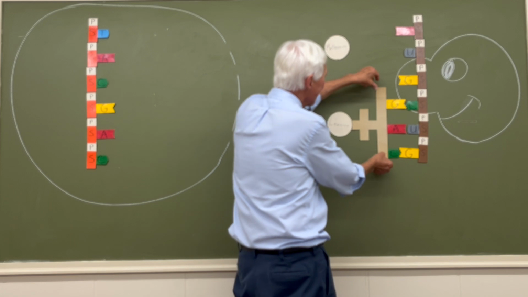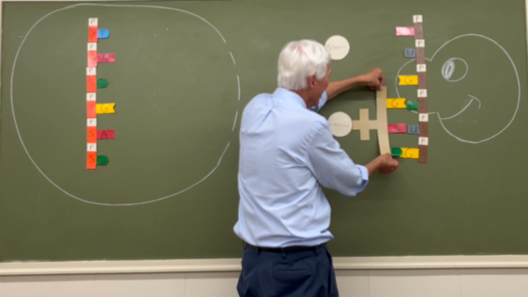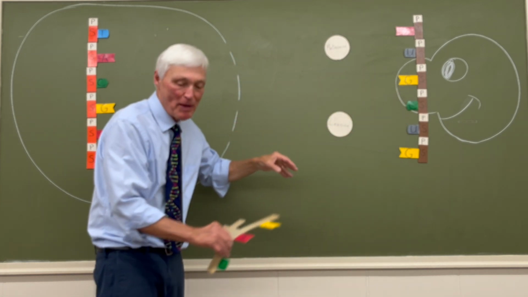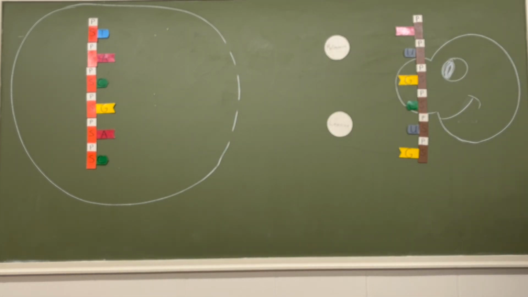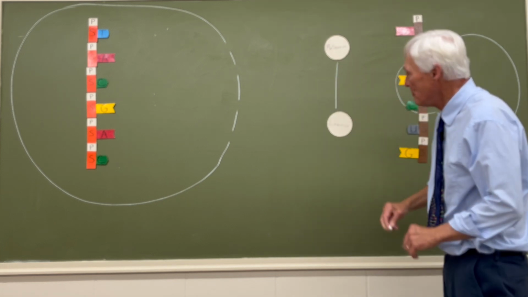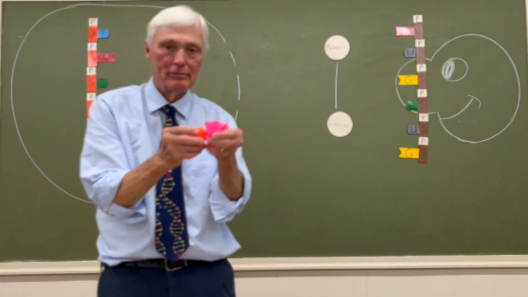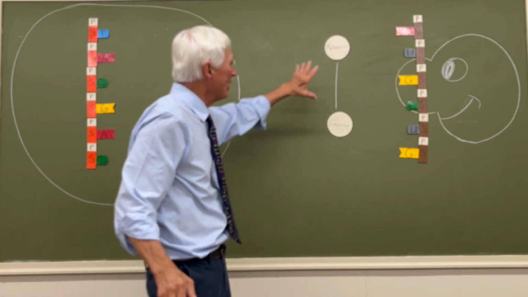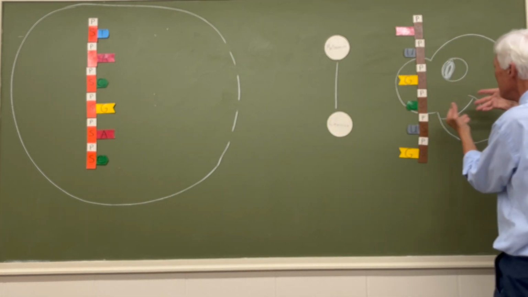Then this second tRNA is going to unhook, float away. In the meantime, special enzymes are going to bond together, join together these two amino acids, kind of like that. It's going to bond them together.